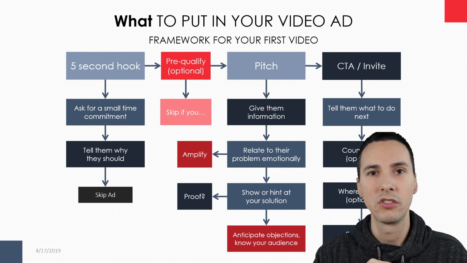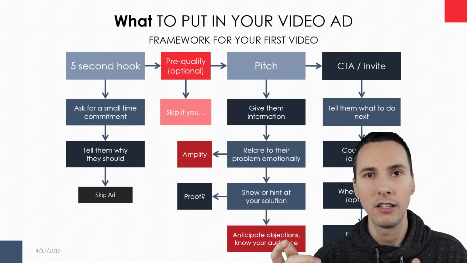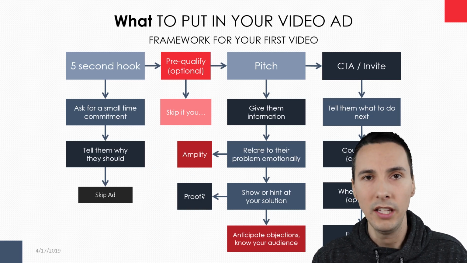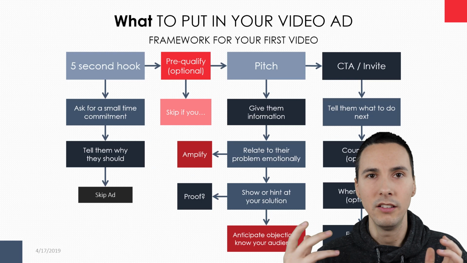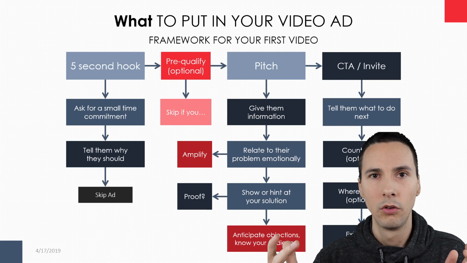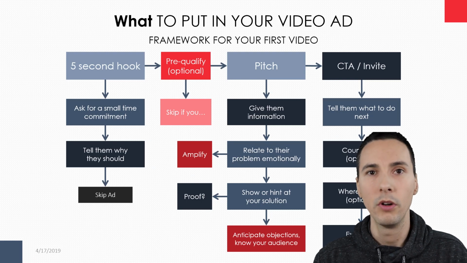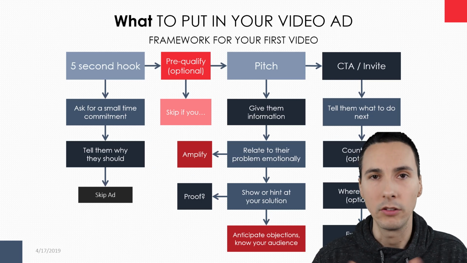If the person watches the entire 18 seconds, then you pay. Let's say the video is 18 seconds and the user clicks the link at the 13-second mark, then you still pay. So the idea is if they watch up until 30 seconds or watch the whole video, if it's less than 30 seconds, or if they click or interact with your video in any way, that's when you pay.